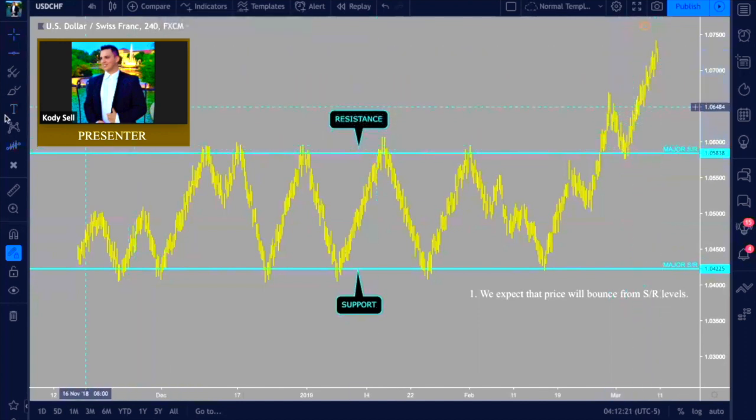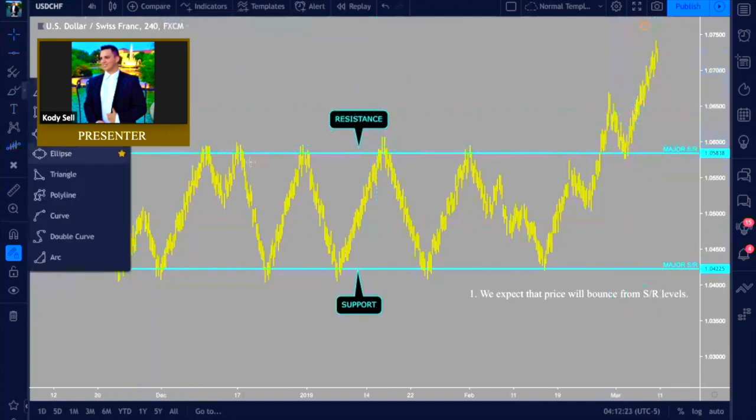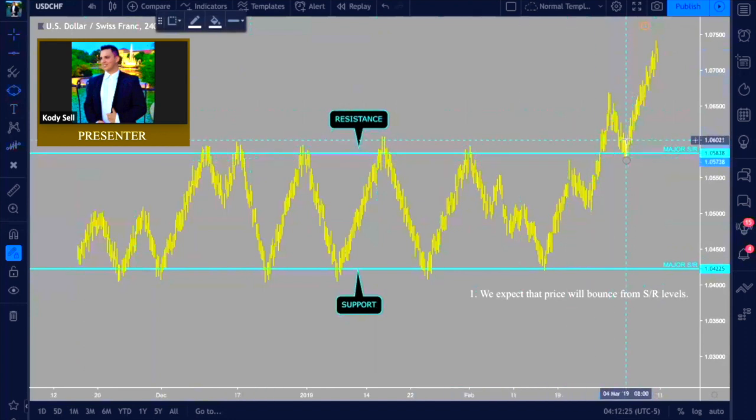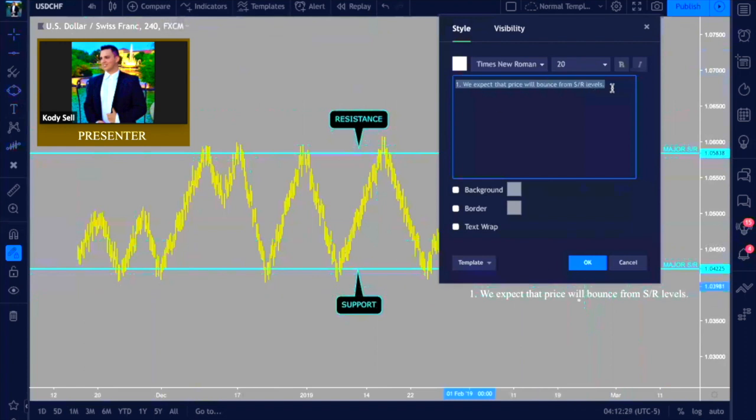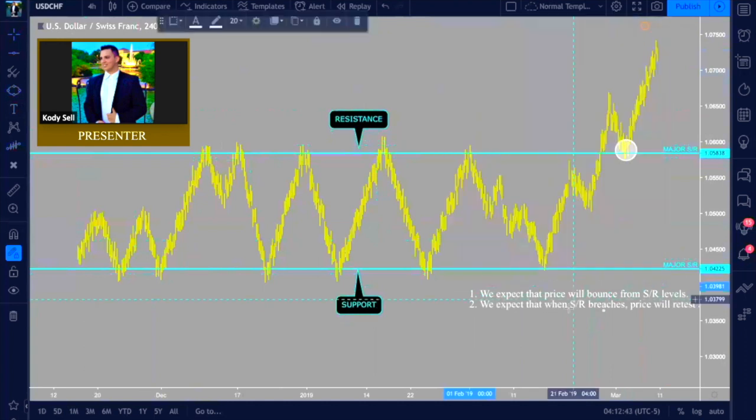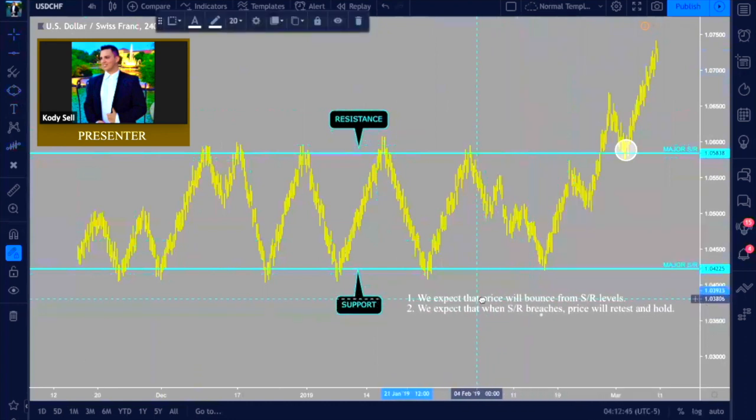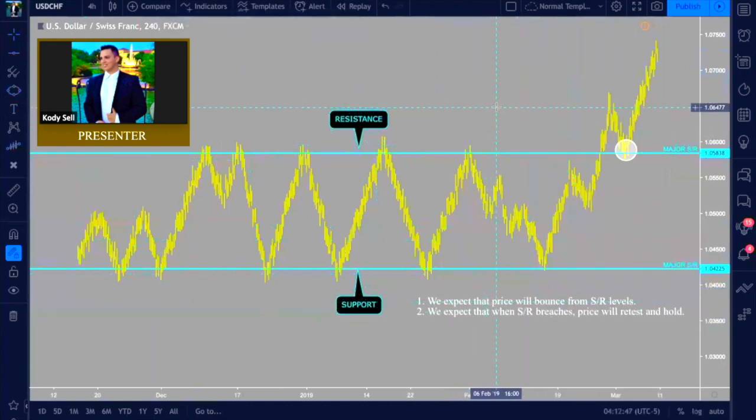So in this case right here, we're looking at the fact that resistance will turn into support. So that's the second thing we want to note. We expect that when support and resistance breaches, price will retest and hold. All right, so we can pull these over here.